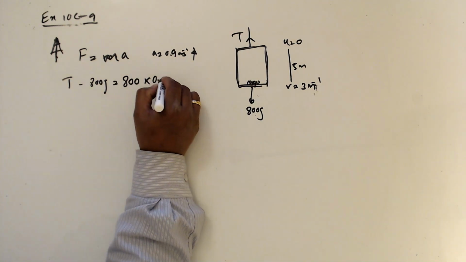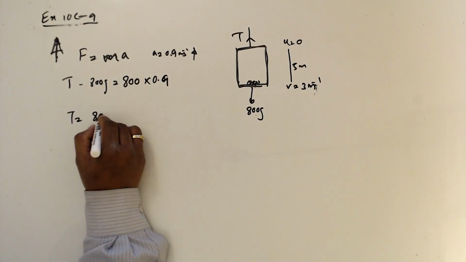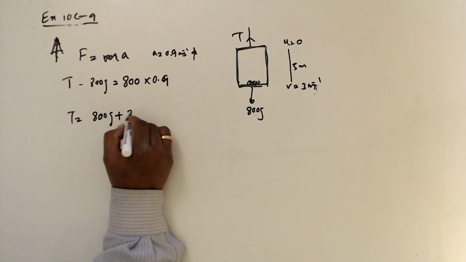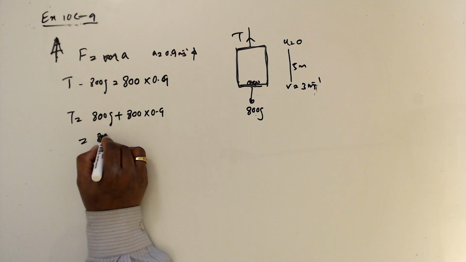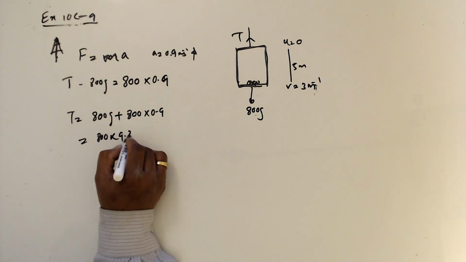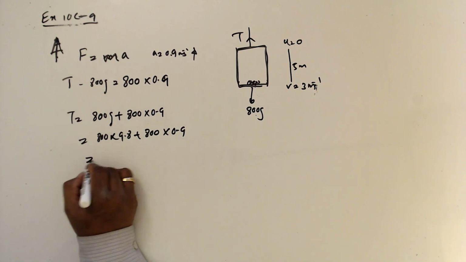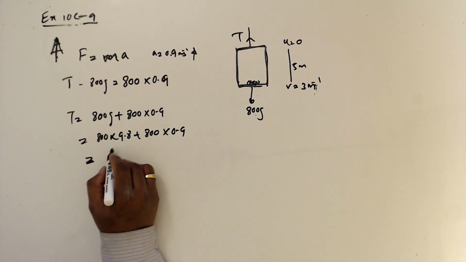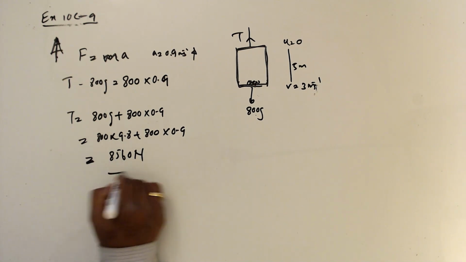So T equals 800G plus 800 times 0.9. 800 times 9.8 plus 800 times 0.9. So the answer is 8560 Newton.